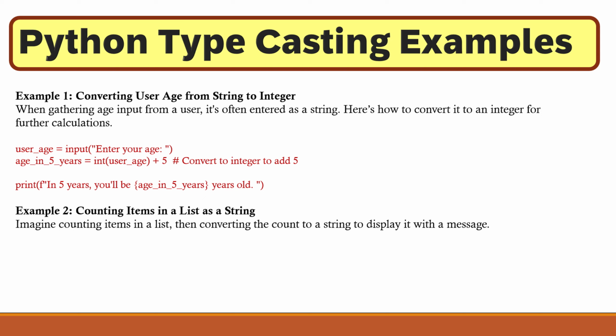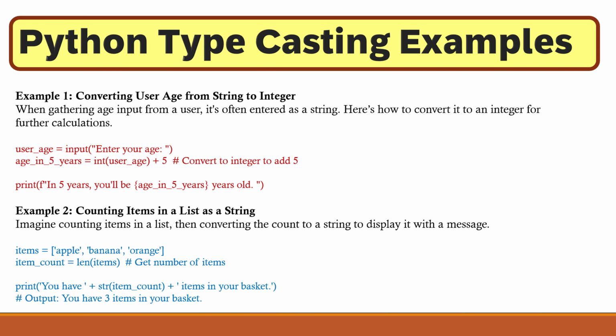Example 2 is counting items in a list as a string. Imagine counting items in a list, then converting the count to a string to display it with a message. So items equal apple, banana and orange. And then the second line we will store it in a variable called item_count. This time we'll use the len function to count the items, which effectively gets the number of items.